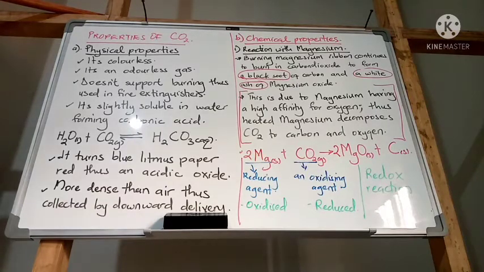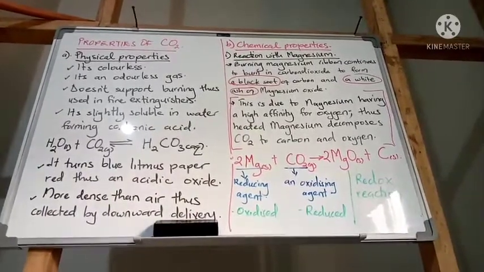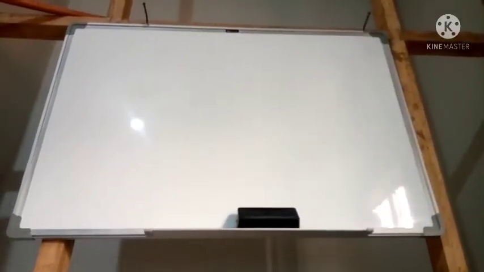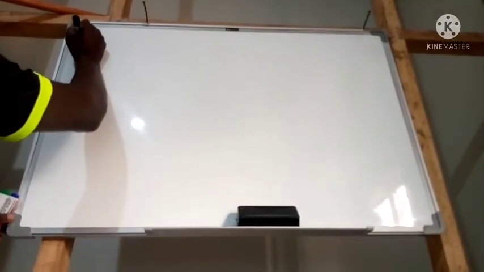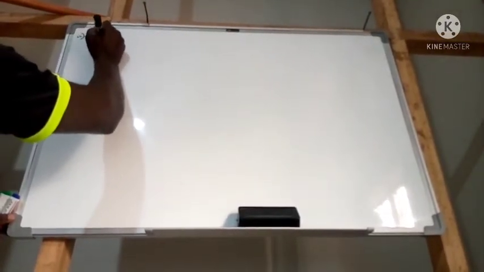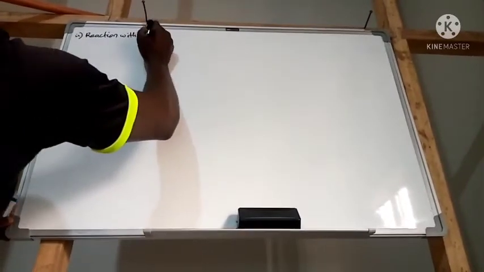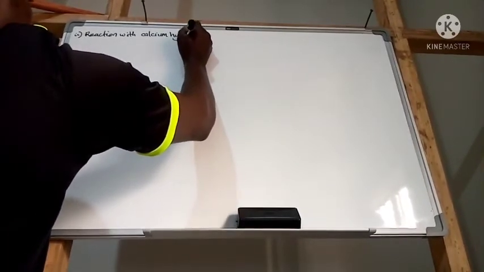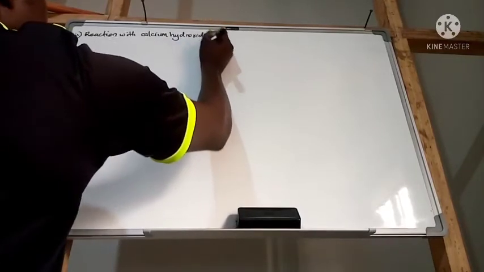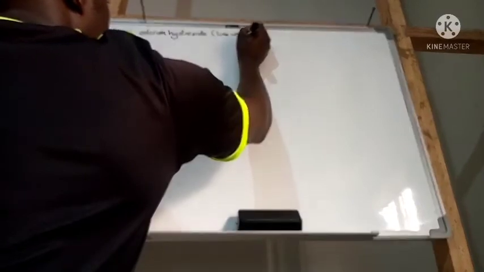Let us look at the second chemical property of carbon dioxide. The other chemical property I'm going to look at is reaction with lime water. So 2 is reaction with calcium hydroxide. This one is also called lime water.